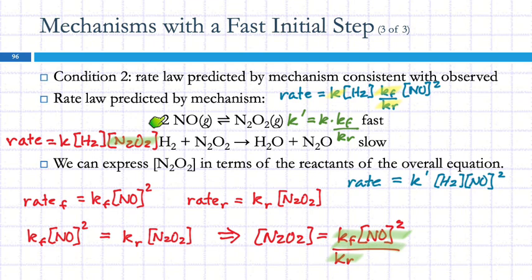So here, two NOs can combine to form N2O2, but then some of those N2O2s are going to fall apart to form two NOs again. And so it's going to go back and forth. It's called a dynamic equilibrium because both reactions are happening at the same time. It's a little bit like traffic on 99.